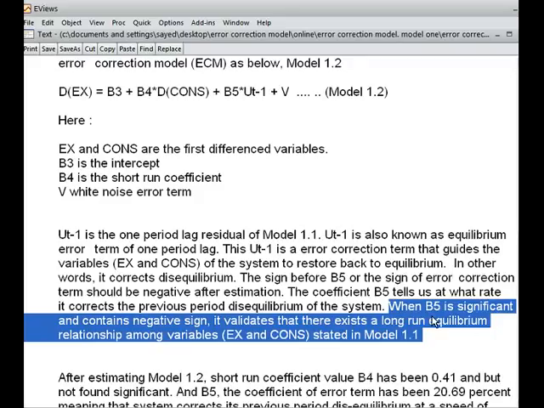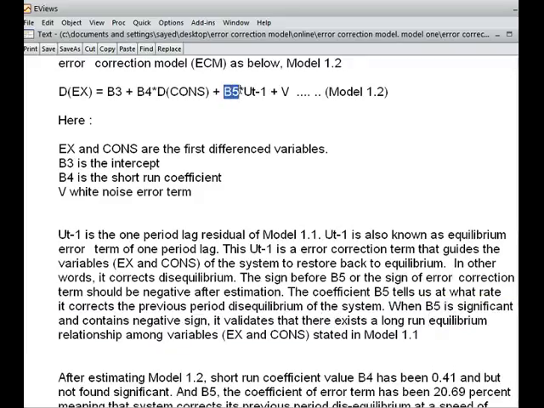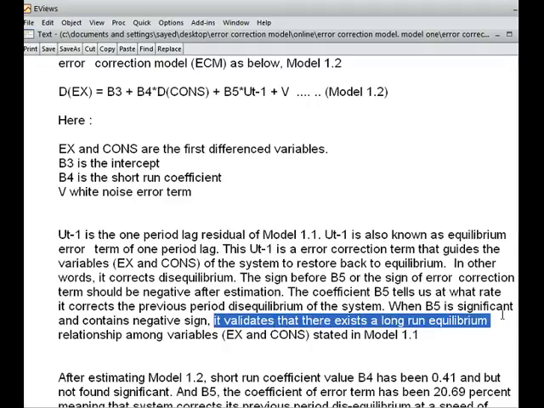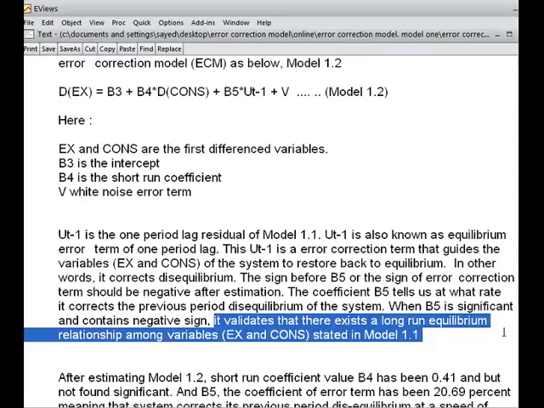That means when B5 is significant and has a negative sign, it validates that there exists a long-run equilibrium relationship between Ex and cons, which are two variables.